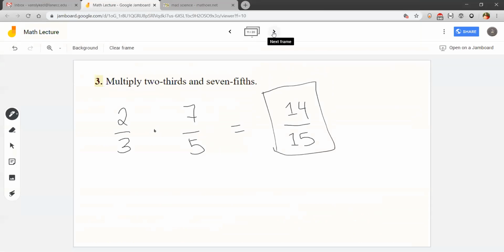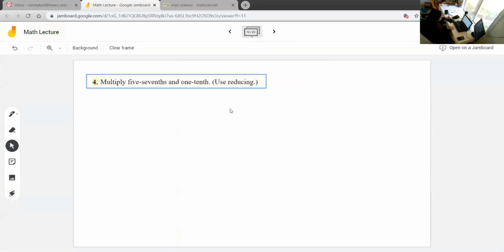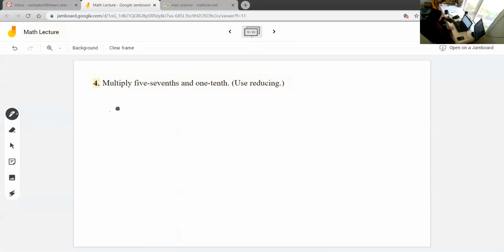Sometimes we're not done so much. The process doesn't get any harder, but we have that silly rule that we're not done until we've finished reducing. So if we have 5/7 times 1/10, multiply across the top, 5 times 1 is 5.